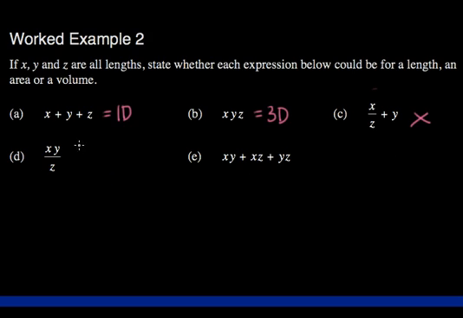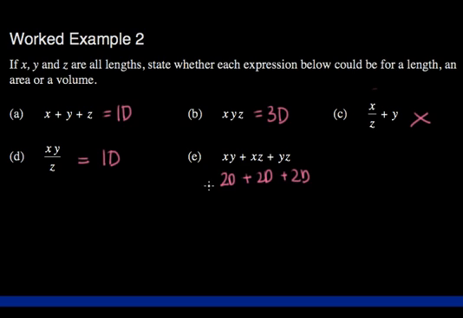For D, if you take a length and multiply it by another length, you get an area, or 2 dimensions, and then dividing it by another dimension gives you 1 dimension again. And in this case, here you've got an area, two dimensions, and you're adding another 2 dimensions, and then you're adding another 2 dimensions.